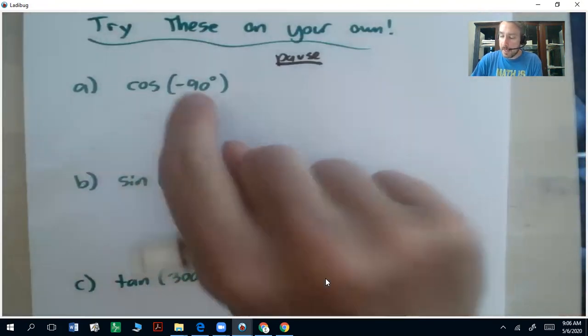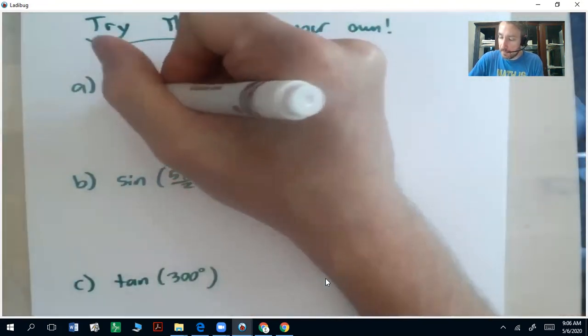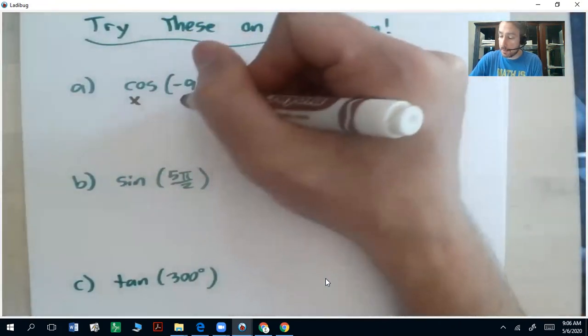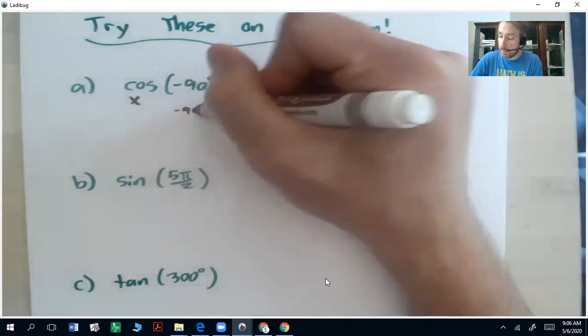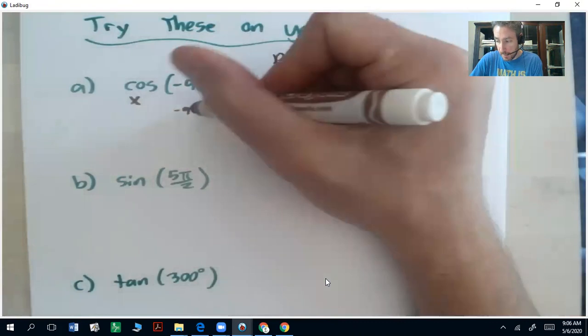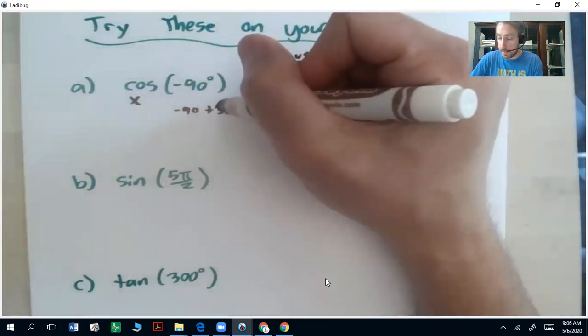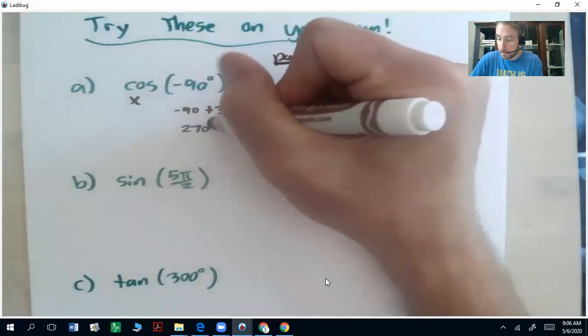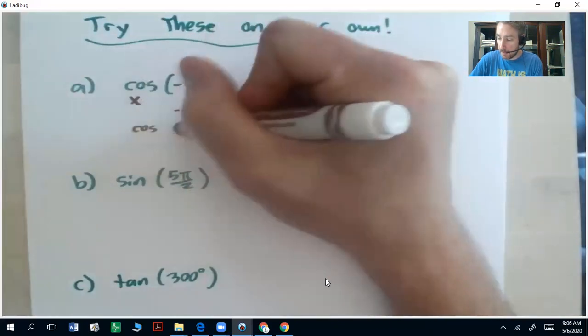All right, cosine of negative 90. Remember, cosine is the x value. Negative 90 is not on the unit circle, so we want to add 360 to negative 90. And 360 plus negative 90 is 270. So we really want to find cosine of 270.